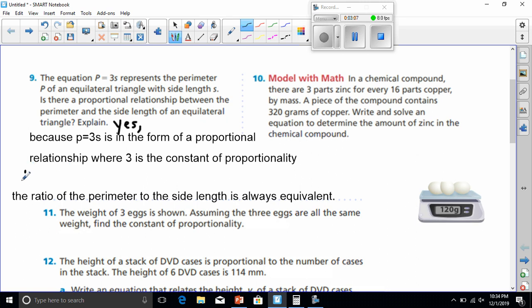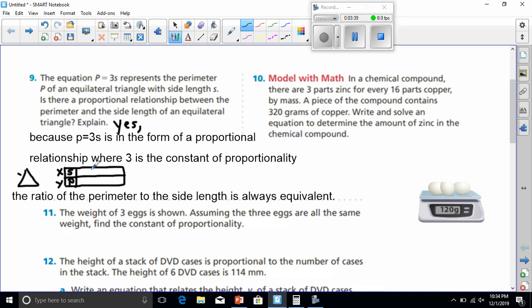Because if we have an equilateral triangle, as they suggest, and let's just say each side was 1. Well, when I make my table, and I show that this is my perimeter, and this is my sides.